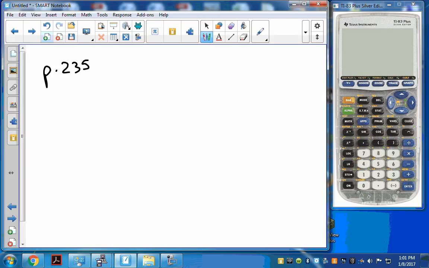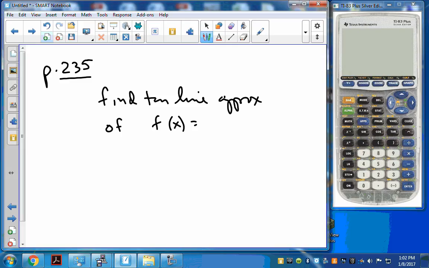If you do not have your text at home, go to the topics page and you will see the scanned information from the textbook. It says find the tangent line approximation. Here's your function. F of x is equal to 1 plus the sine of x.